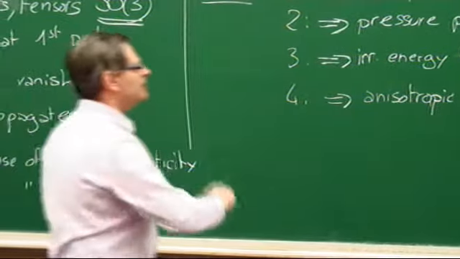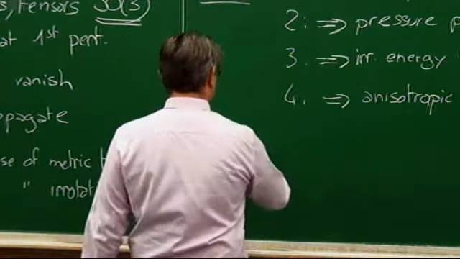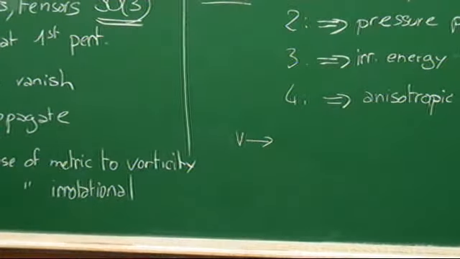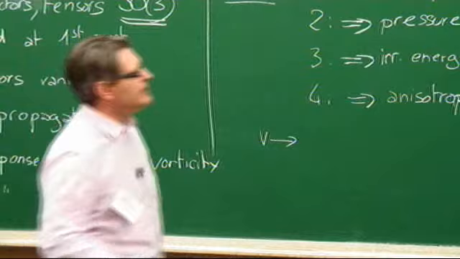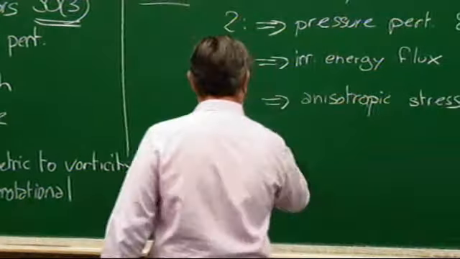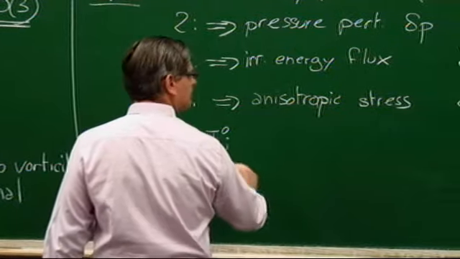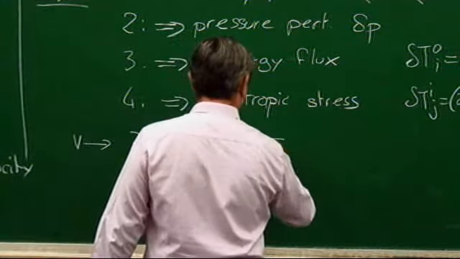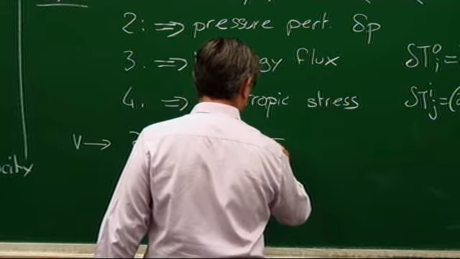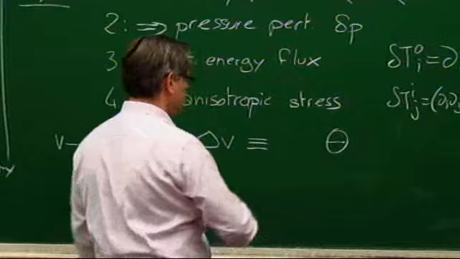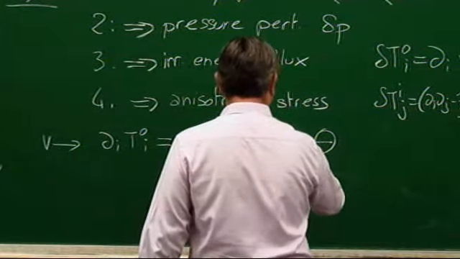In particular, instead of using V, people use a quantity called theta that we will define in the following way. Take now the divergence of T0i. So this is the Laplacian of V. But I can define that this divergence reads theta, which is another scalar function, and I put in factor rho bar plus p bar.